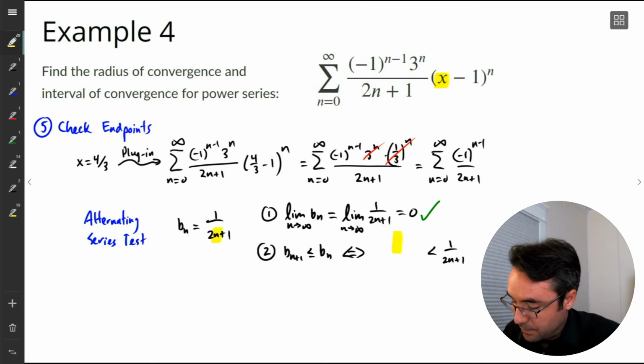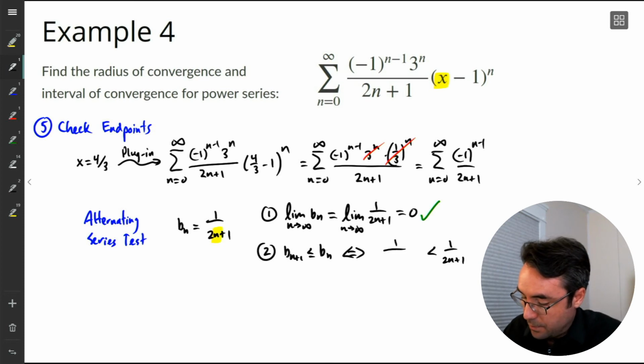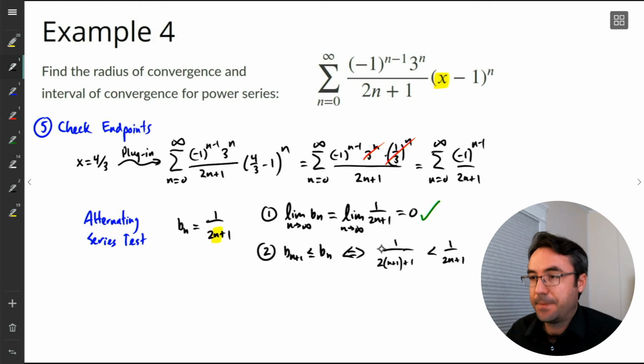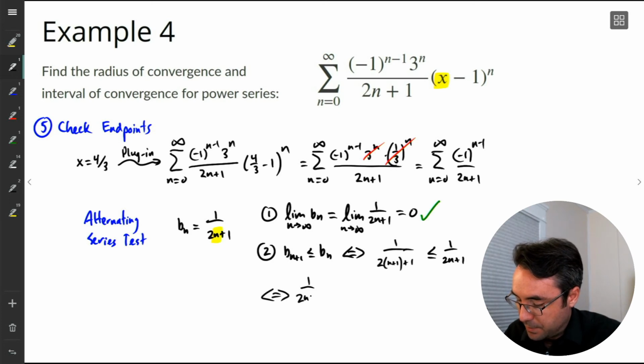And what do we get? We get 1 over 2 times n plus 1 plus 1. So this is true if and only if this is true. And I guess we could have an equal here. Let's simplify this. So 1 over 2n plus 3 is less than or equal to 1 over 2n plus 1.